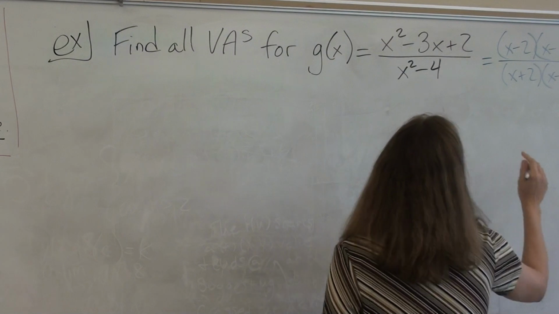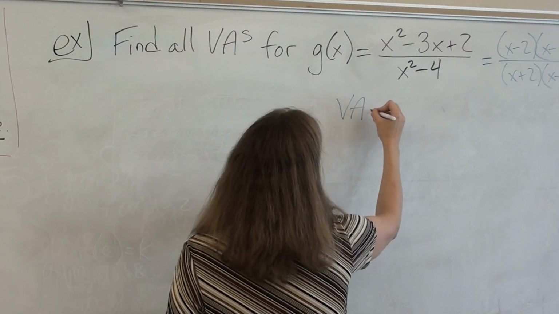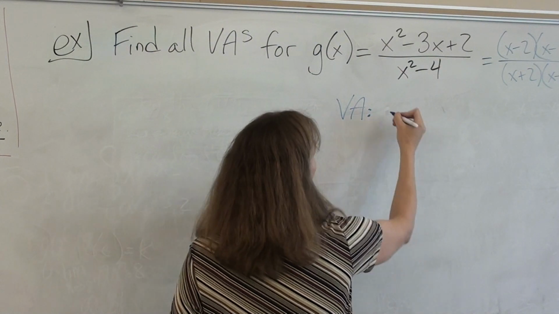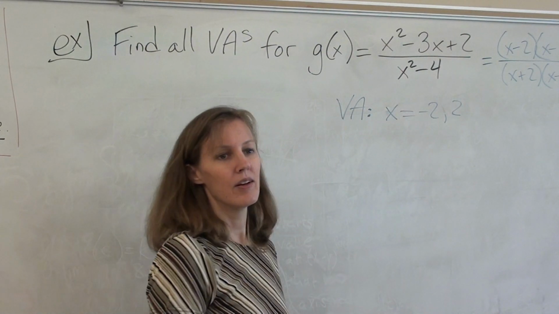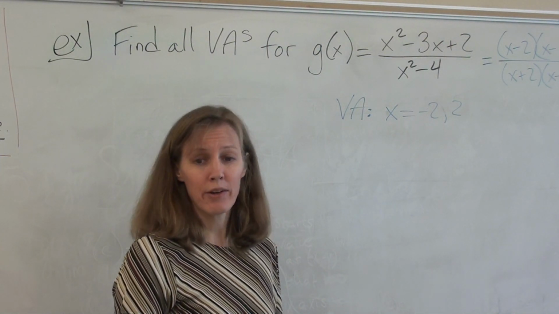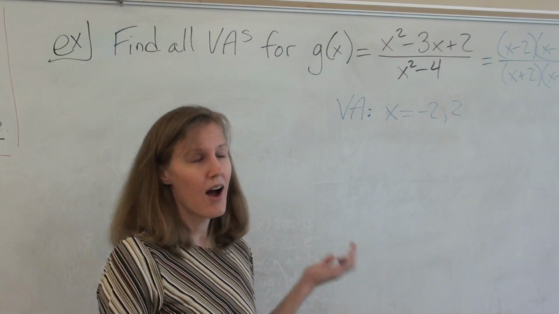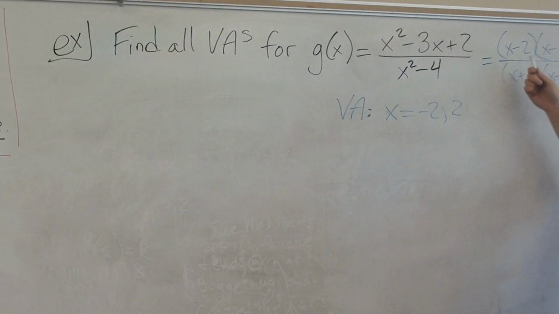So, okay, so we have a vertical asymptote. Let's see, 0's in the denominator, so -2 and 2. No, there's a hole. Which one's the hole? 2. How do you know? Because there are common factors top and bottom. When you have common factors top and bottom, that gives you a hole, not a vertical asymptote.